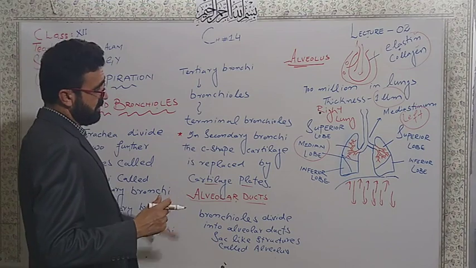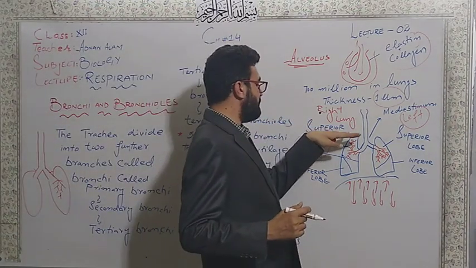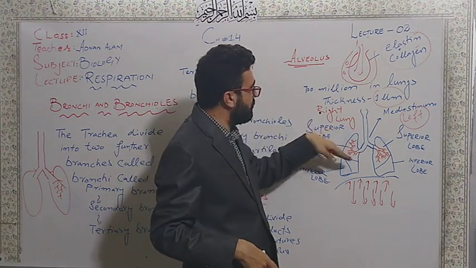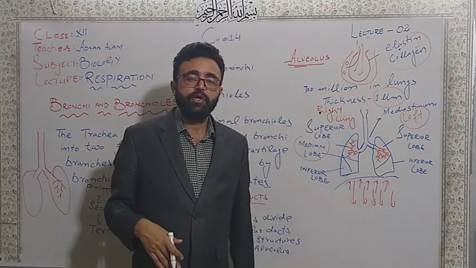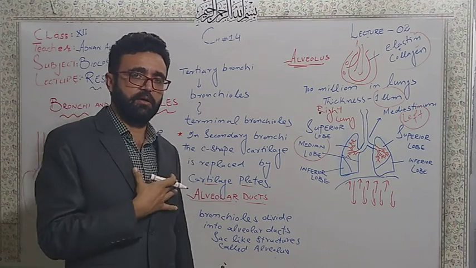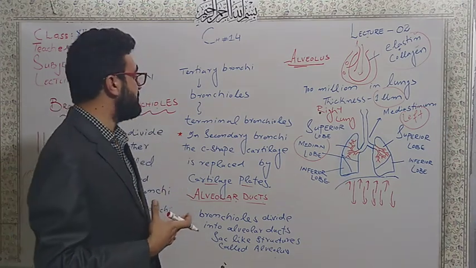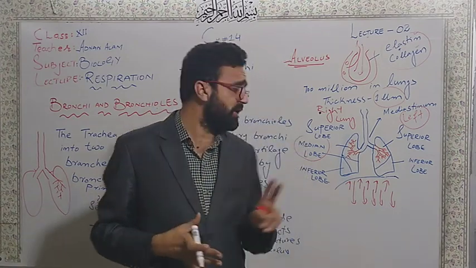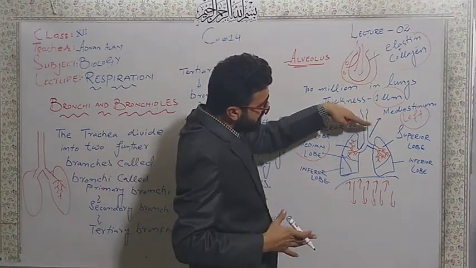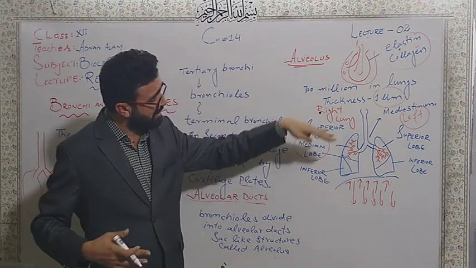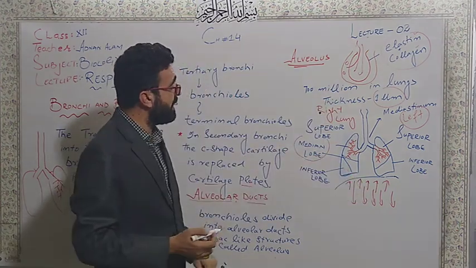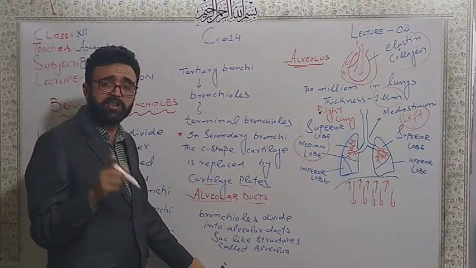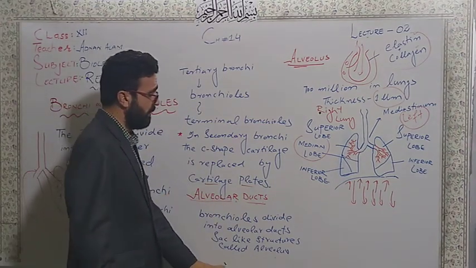There's another point which you need to learn, that the left lung is slightly lower as compared to the right one due to the pericardium, which is a membrane surrounding the heart. That's why there is a marked difference in the diameter and length of the two bronchi also.